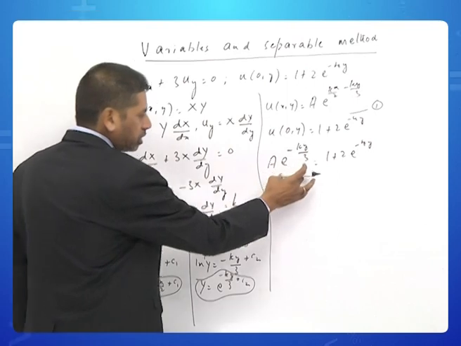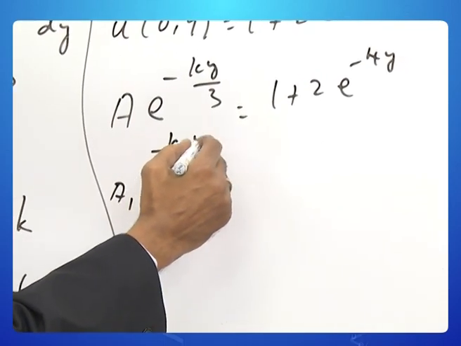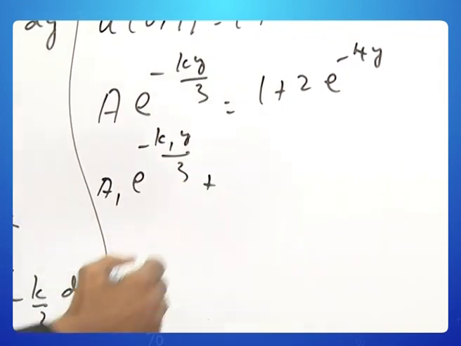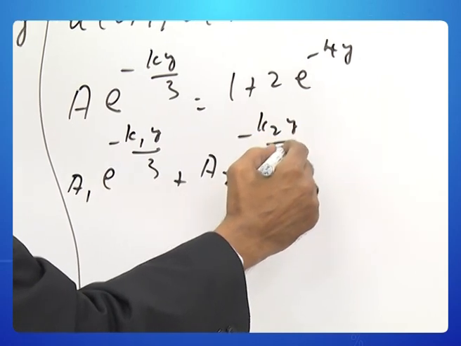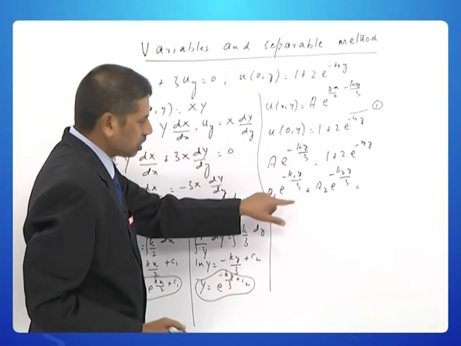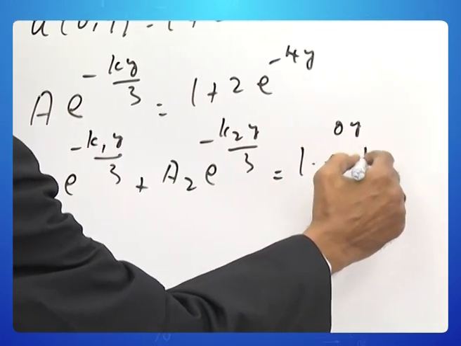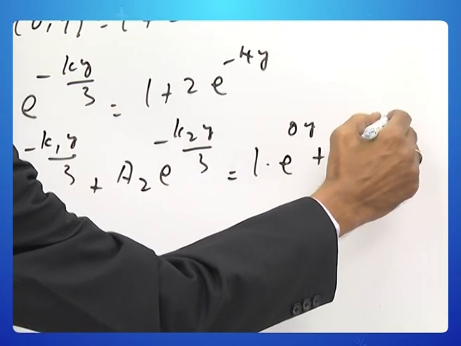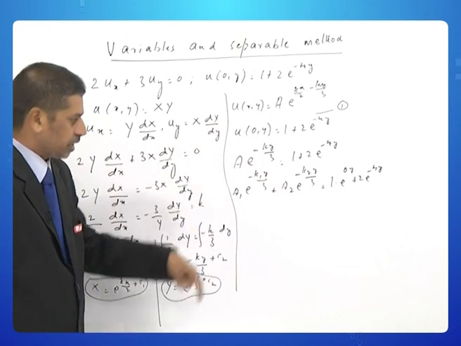So this can be split as a1 e power minus k1 y by 3 plus a2 e power minus k2 y by 3 is equal to, we can give this an exponential form for comparison, 1 e power 0 y plus 2 e power minus 4y. So this is the approach you must take.